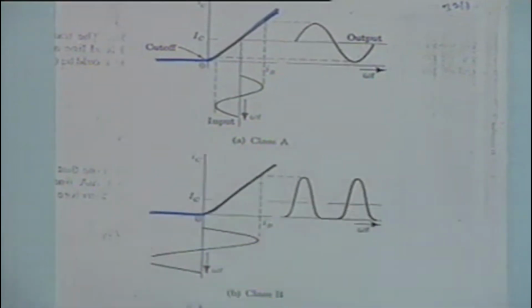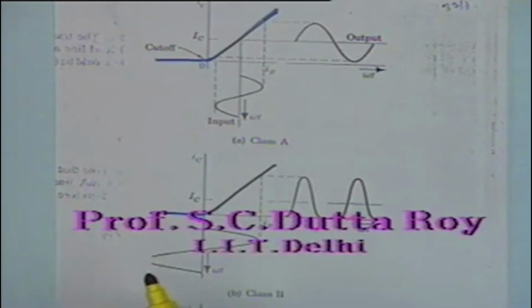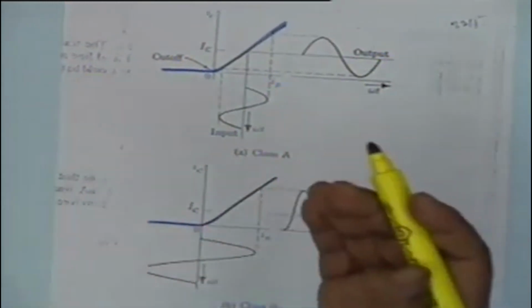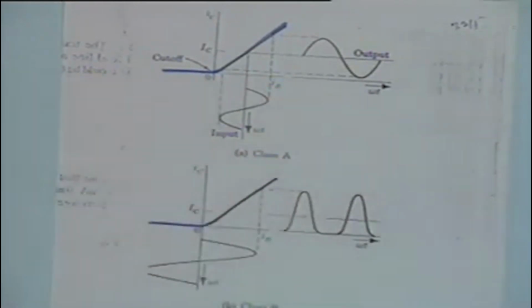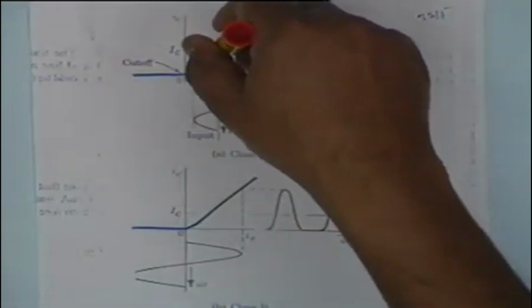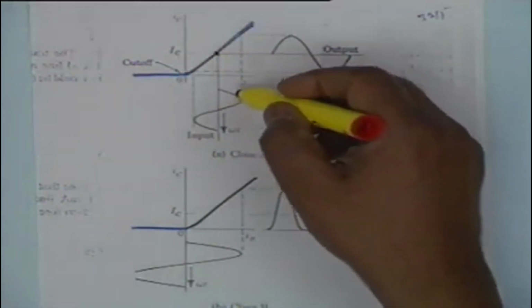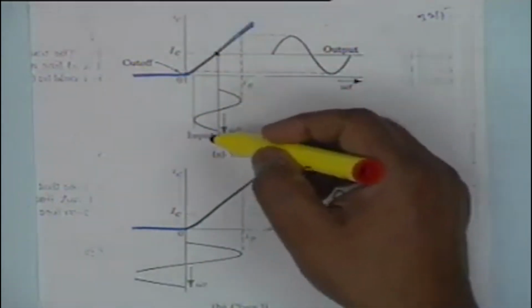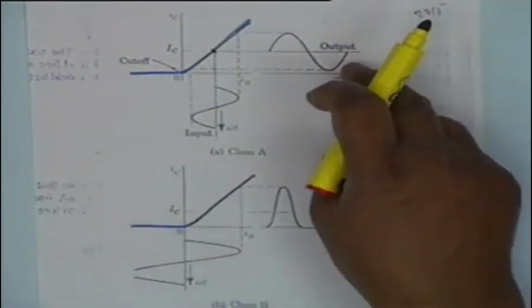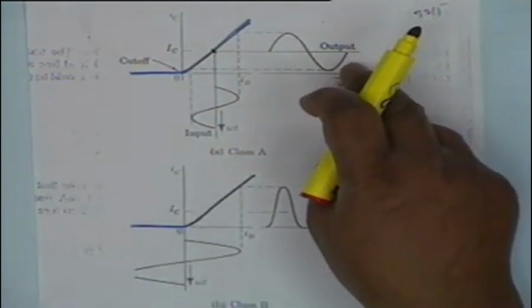We are talking of what kind of transistor? NPN. For PNP it is the other way around, base current has to be negative, it has to go out of the base. So if this is the Q point, then obviously if the base current varies like this, the collector current varies like this. So the collector current flows for the complete cycle.